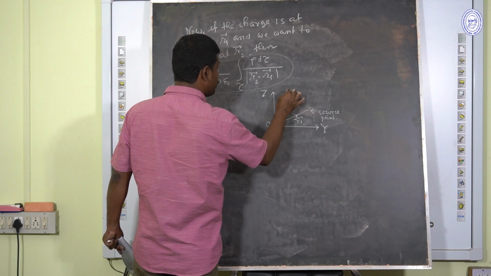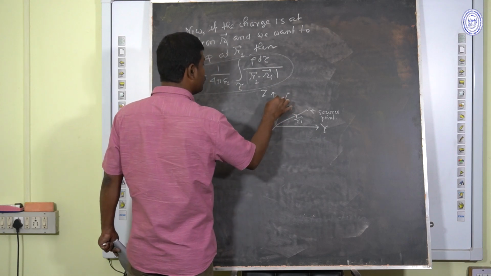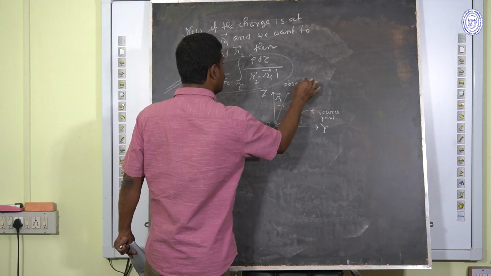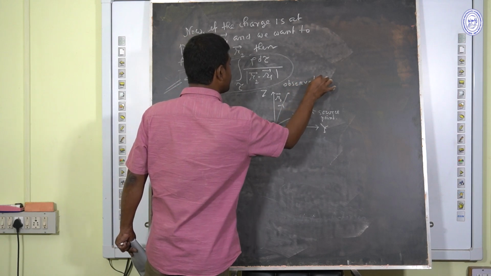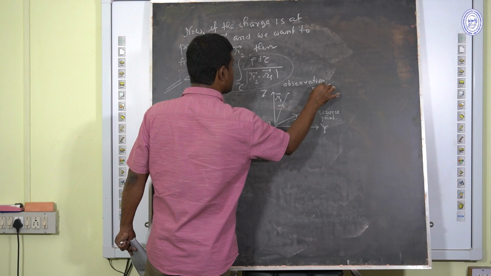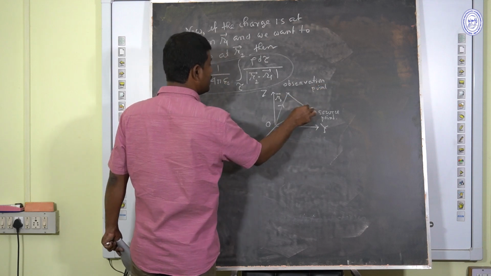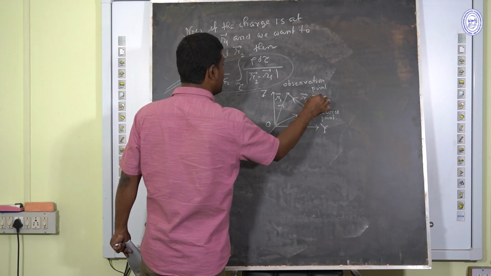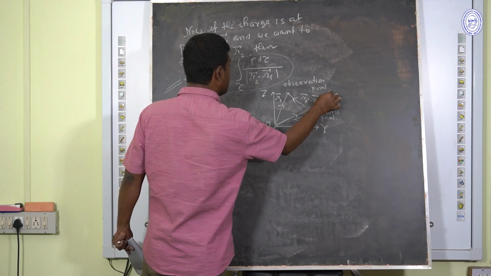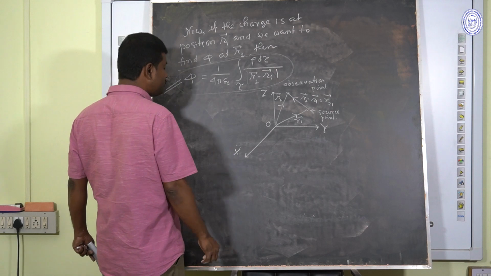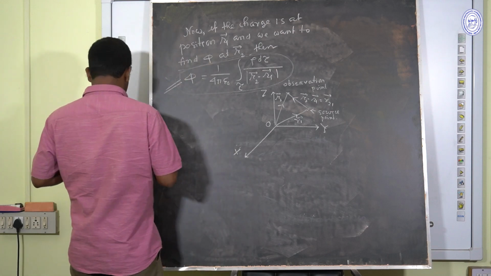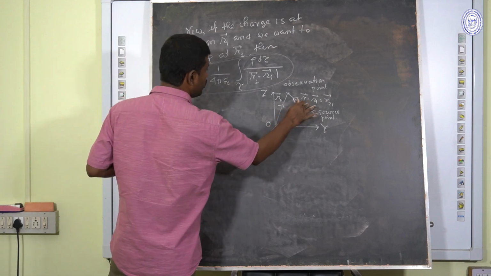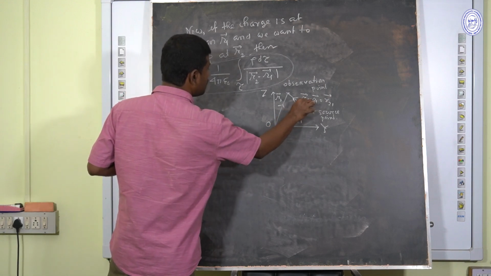At a particular point R2, this is the observation point, and this is R2 minus R1. This is equal to R21 or R12.